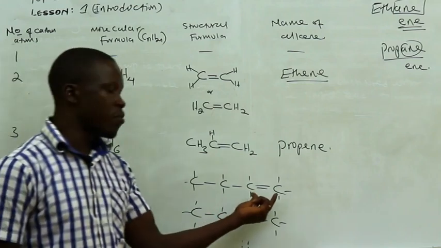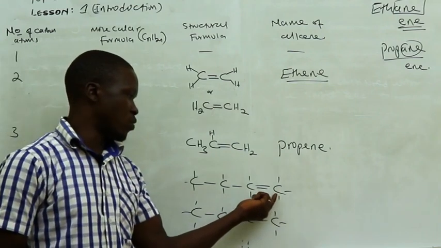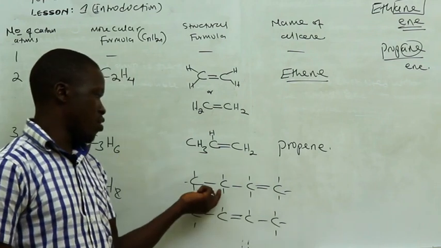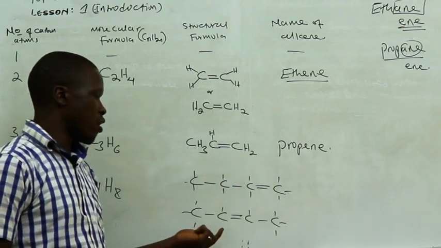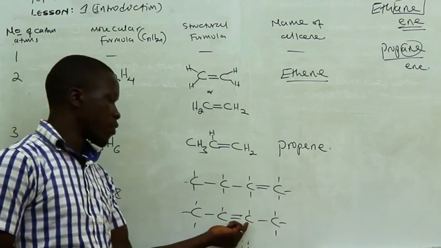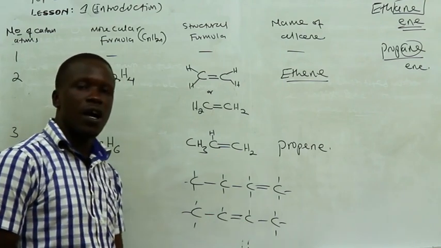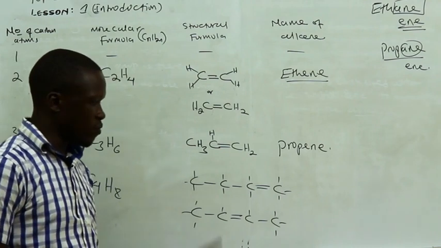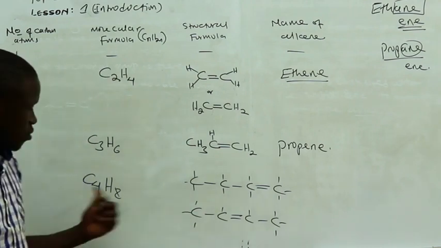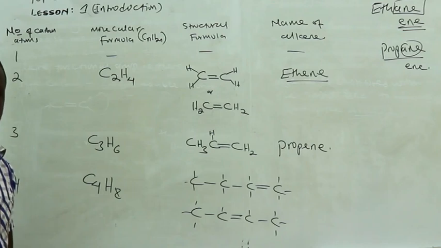One, having the double bond between the first 2 carbon atoms. This is the same as when you place them here. Then, there are those that are between the second and third carbon atom. So that means this compound here has what we call position isomers.